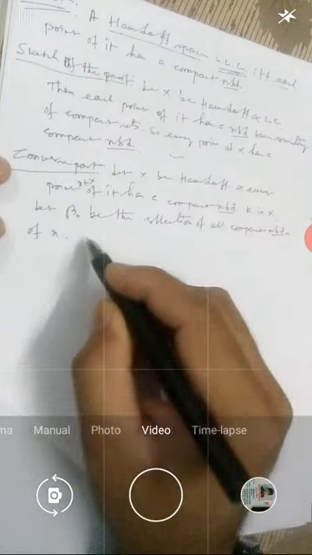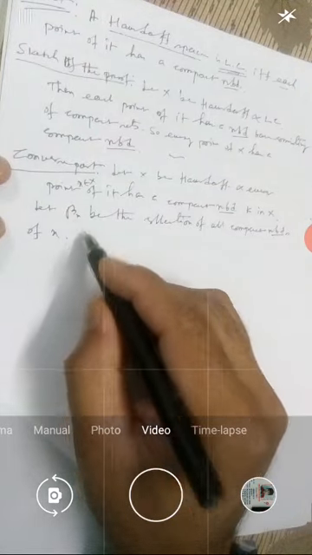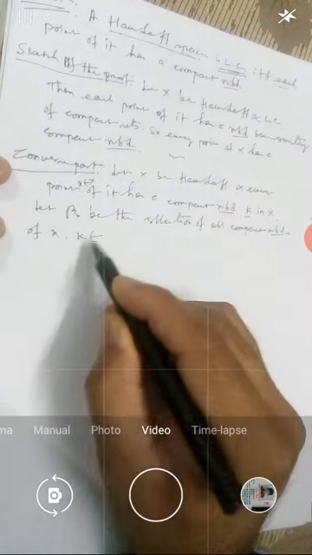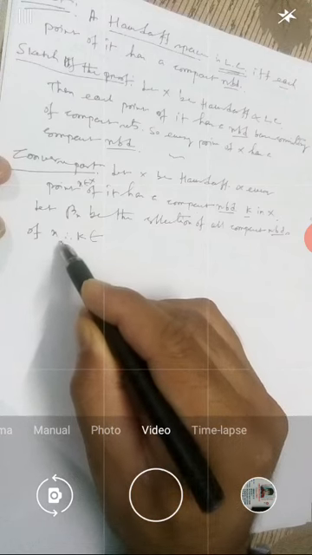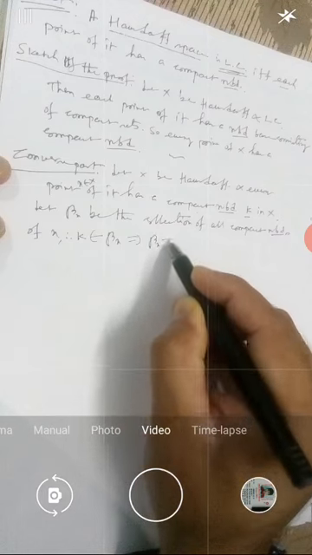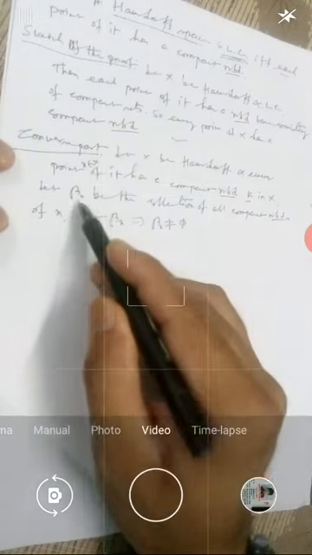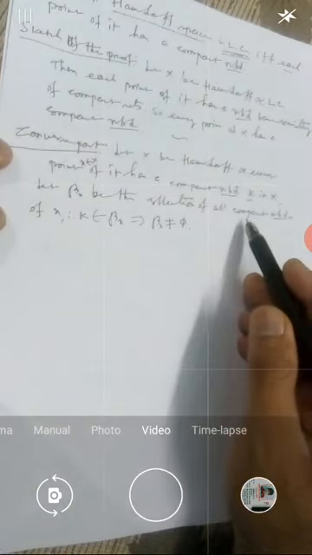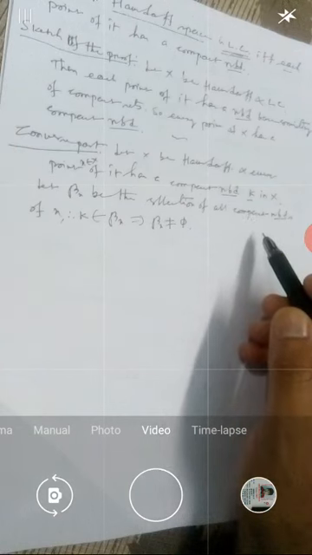Then, since this K is a compact neighborhood of this point x, K is in beta x, and this implies beta x is non-empty. We will show that this beta x is a neighborhood base at x, and members of beta x, by the construction of beta x, are compact sets.